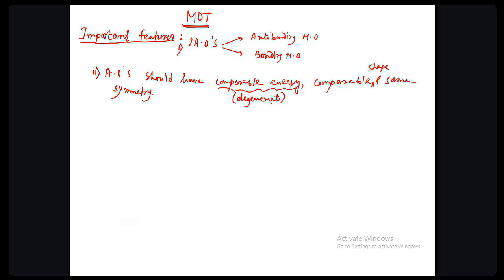Okay. The third point is also important. The valence electrons of the combining atoms, when filling up their MOs, follow the Aufbau principle, Hund's rule and Pauli's exclusion principle.